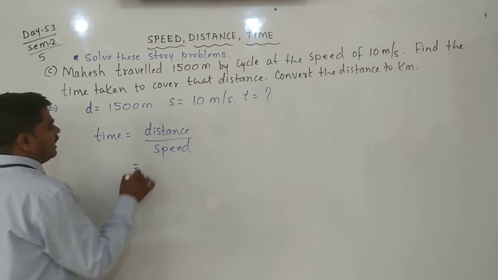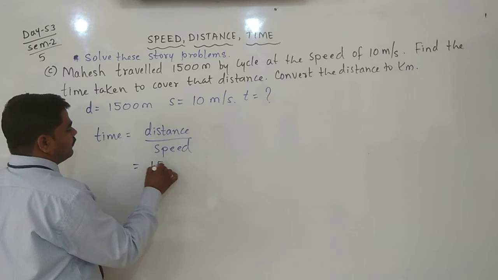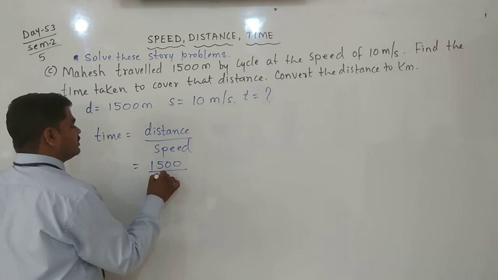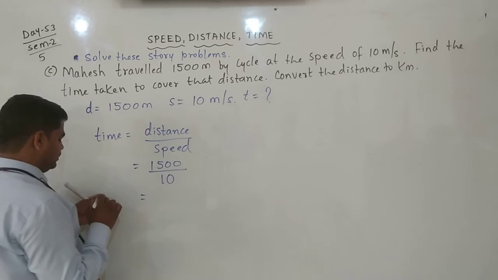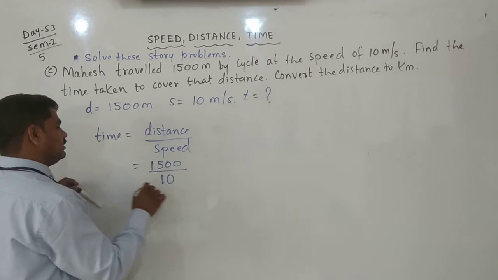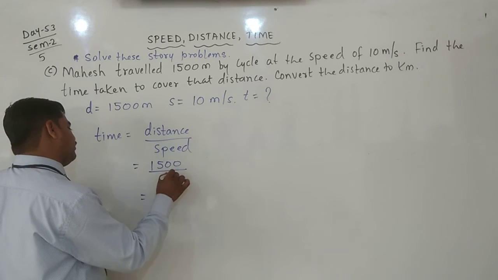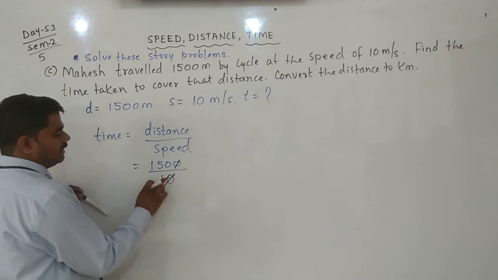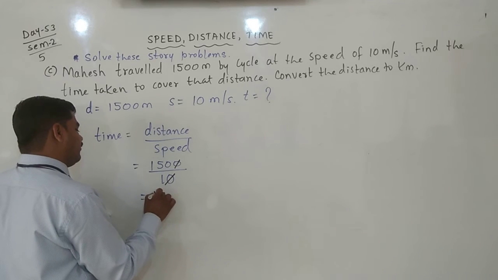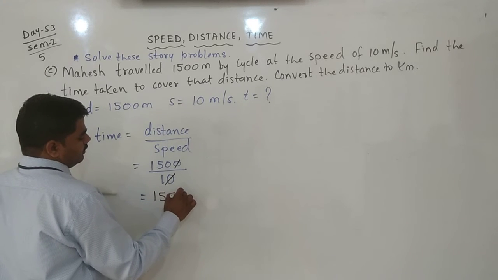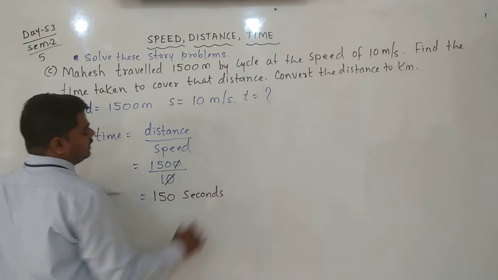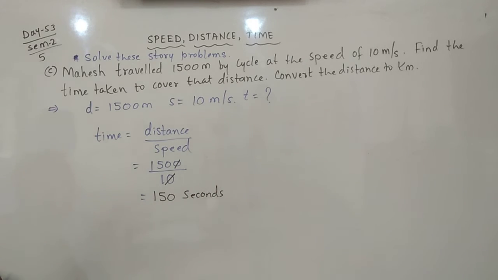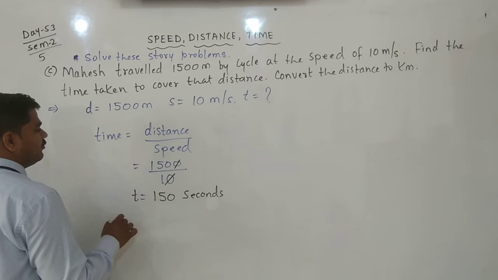Then we can write distance is 1500 meter, speed is 10 meter per second. Then cancellation, this 10 10, only one is remaining, 150 seconds. This is the time taken to complete 1500 meter.